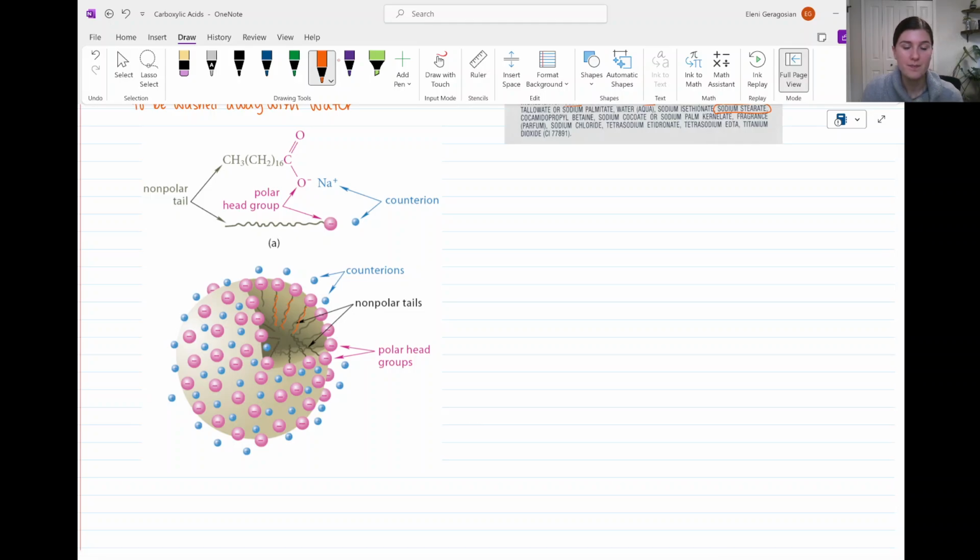They are attracted by London dispersion forces to each other, and then the polar head group for a carboxylate ion, so that negatively charged oxygen, is represented by the circle here. That negatively charged oxygen interacts with water, and so those will form the outside of this cell. So this is a micelle, where the inner parts of the cell are the nonpolar chains interacting with each other through London dispersion forces, and the outer part of the cell are where the ions are, which interact with water.